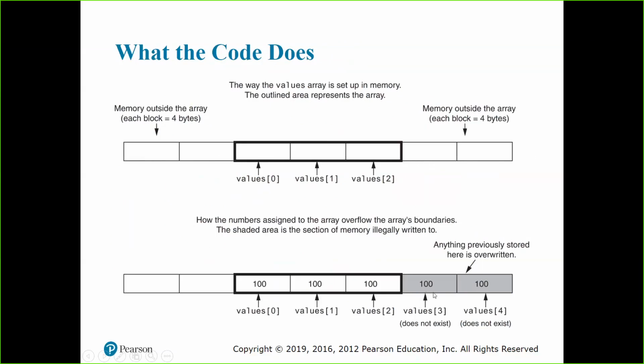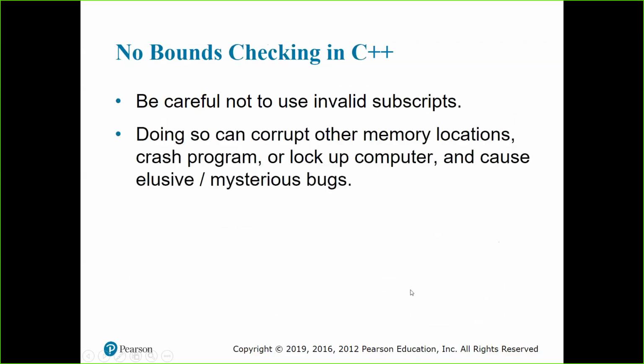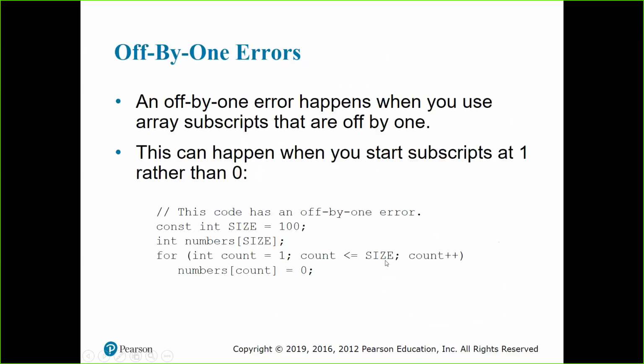So if you do this, maybe it will assign the value 100 to some other location in the RAM, which actually is outside the array. The array has only size 3, but we are giving 5 values using a loop, so it will write some extra values. So be very careful when you are using arrays.